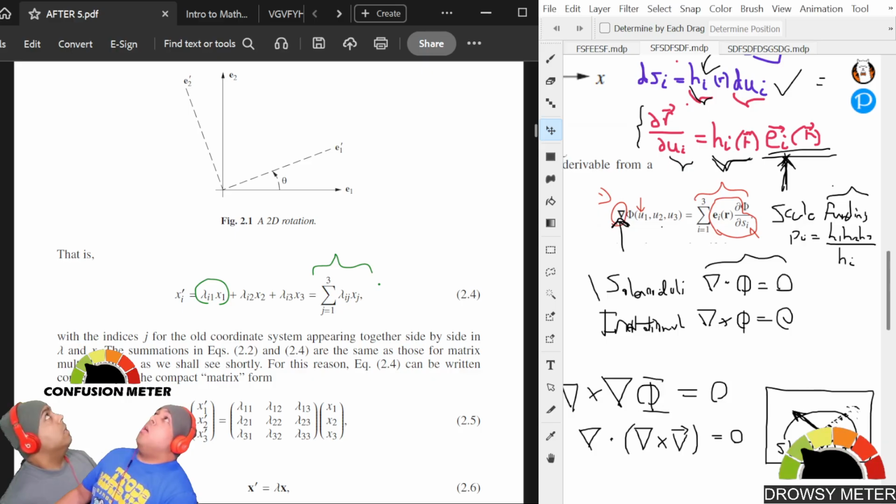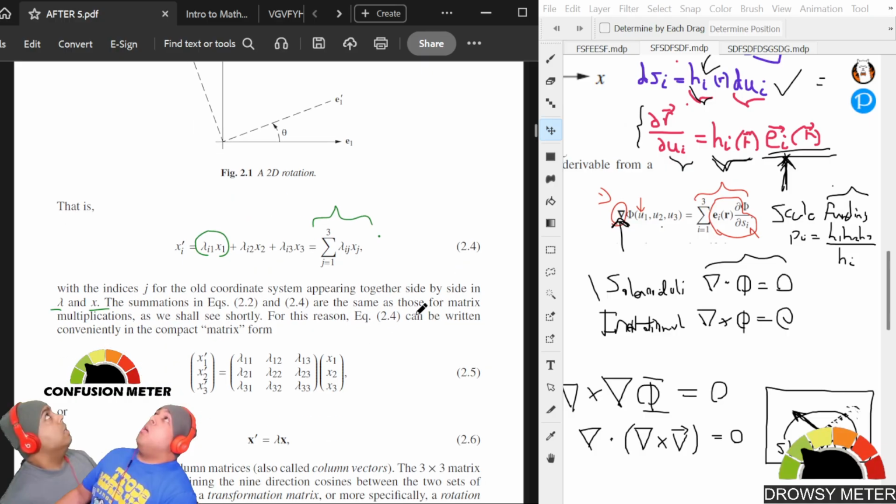That is xi prime equal this, with the indices j for the old coordinate system appearing together side by side in lambda and x. The summations of equation 2.2 and 2.4 are the same as those for matrix multiplications, as we shall see shortly.